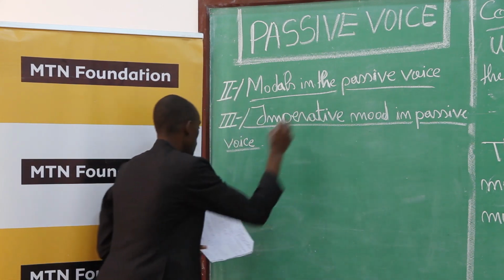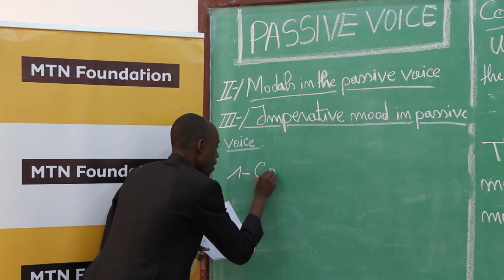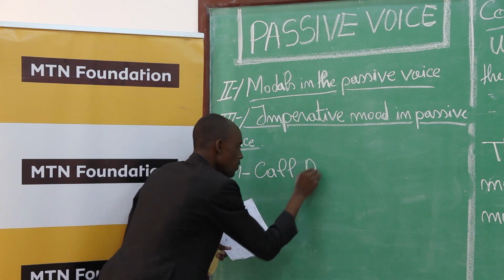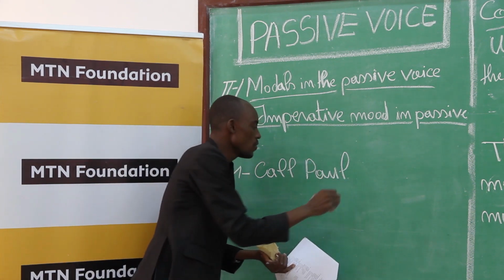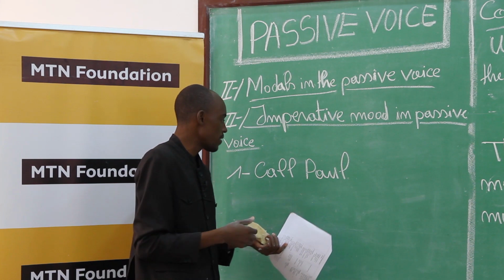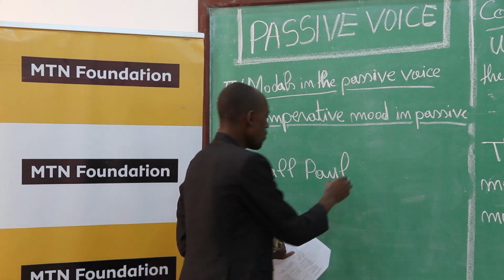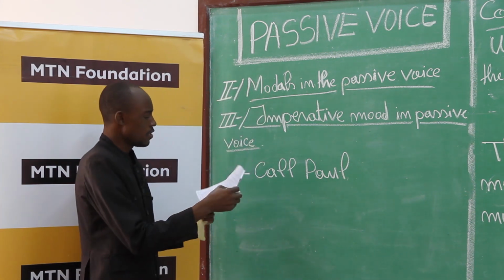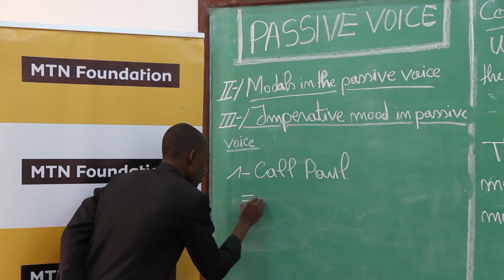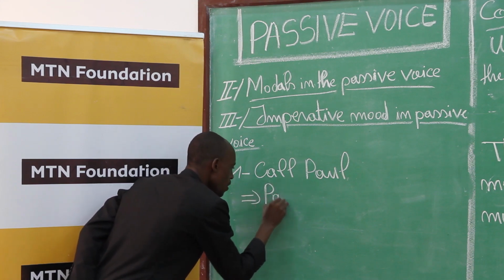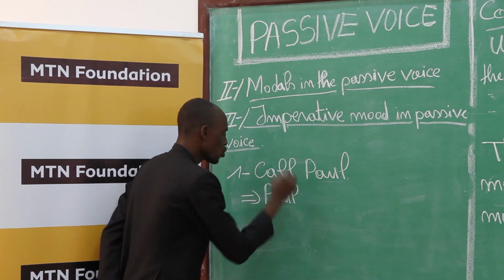Let's take some examples. Here we have: call Paul. This sentence is in imperative mode. Call Paul. It is an imperative, okay? And how can you turn the sentence into passive voice? Here we say Paul, this is the subject, and we insert should or must.